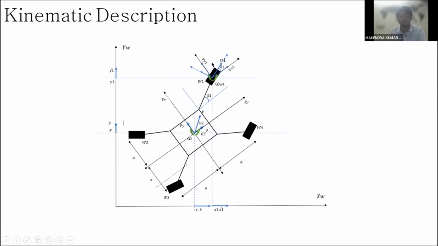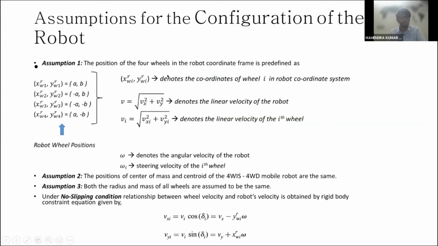Individual wheel orientation is represented by delta i, and independent wheel velocities are represented by Vxi, Vyi. This is the location of all 4 wheels with respect to the center, meaning the robot coordinate frame.